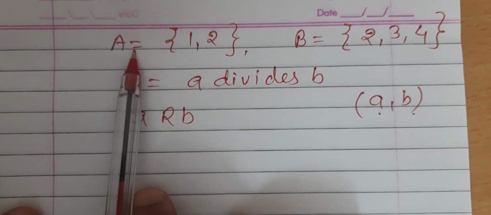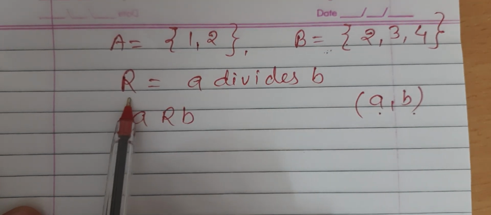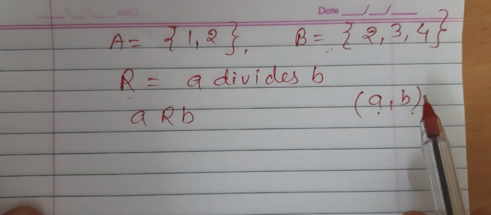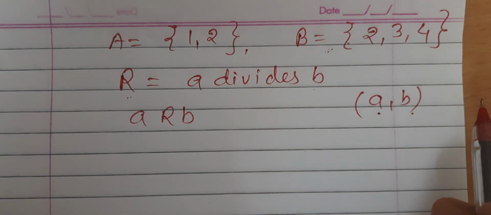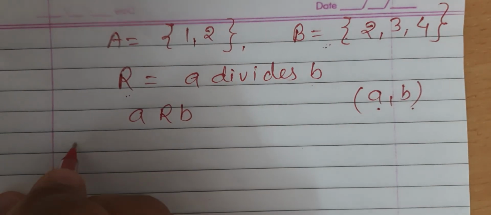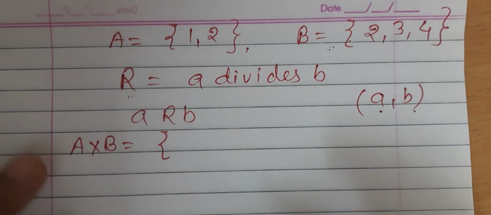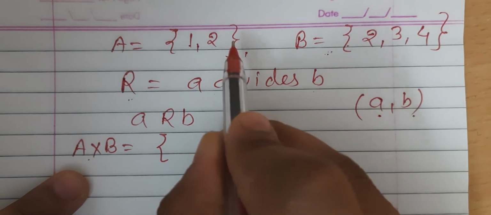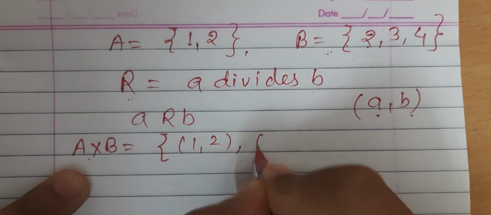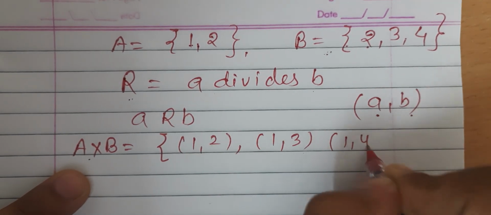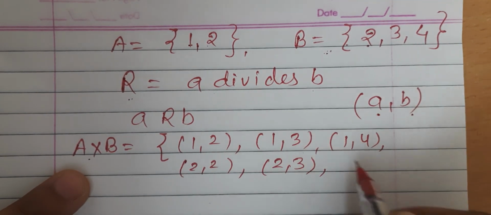See how. We have two sets A and B. Their elements are given and we have defined a relation. In this relation A divides B, means the first element of the ordered pair divides the second element. So first we will write A cross B, the Cartesian product, because a relation is a subset. So the Cartesian product of A and B: 1 comma 2, 1 3, 1 4, 2 2, 2 3 and 2 4.